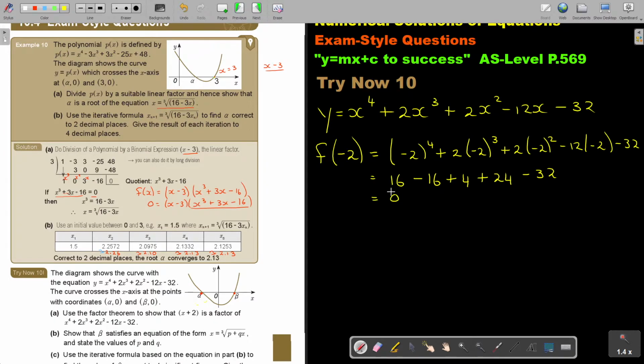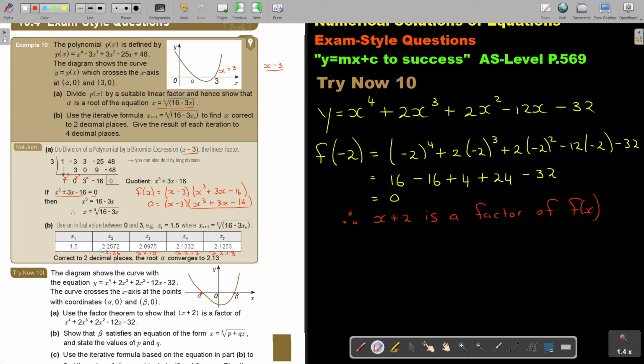And please don't stop. We remember from that chapter, we always said that you have to end with therefore x plus 2 is a factor of f(x). Okay, now we're going to go on. So that we're done with that.